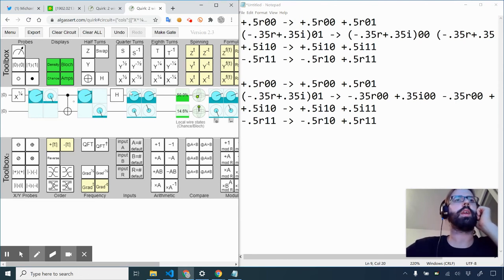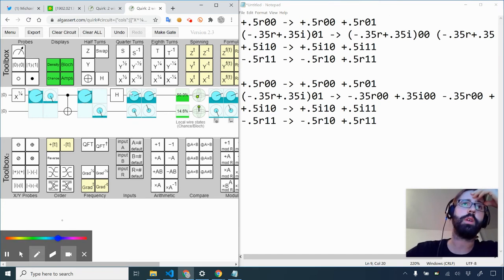It kind of feels like there's some creative interference in here going on, because it's a state that's entangled.